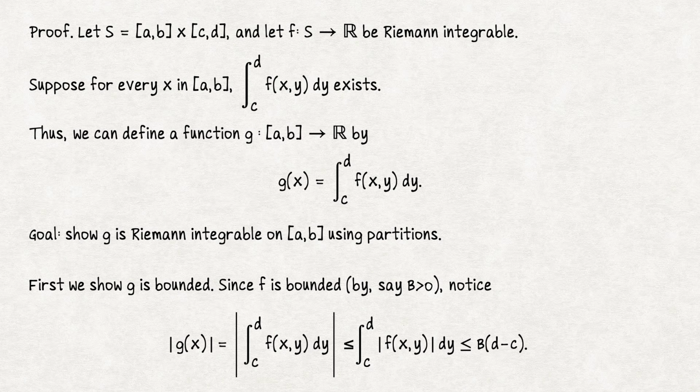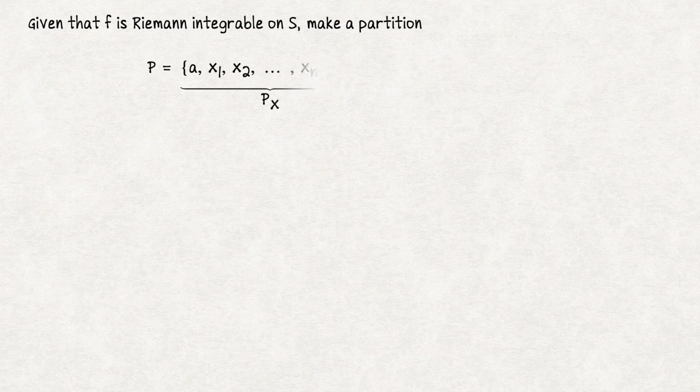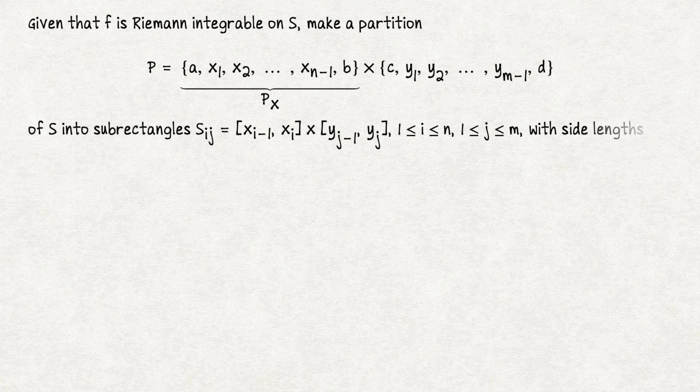Now that we know that g is at least bounded, let's move on to making our partition. So given that f is Riemann integrable on the rectangular domain S, go ahead and chop it up into some finite collection of subrectangles. We will call the partition of S P, where here I'm writing that as a Cartesian product of slice points along the x-axis between a and b, and slice points along the y-axis between c and d.